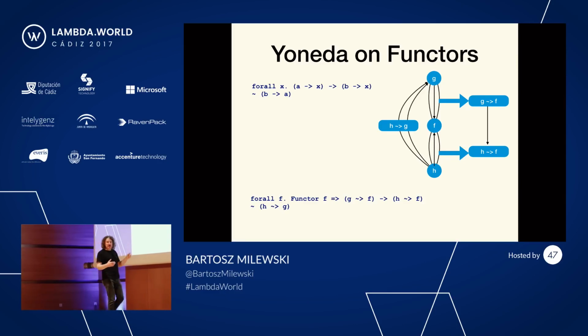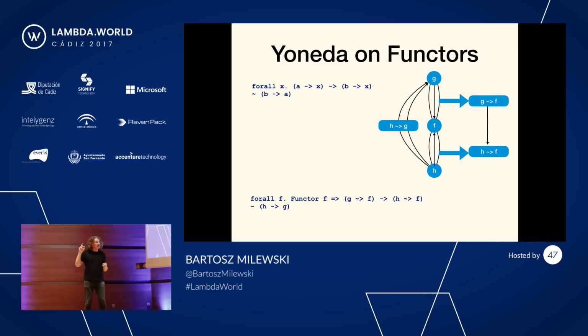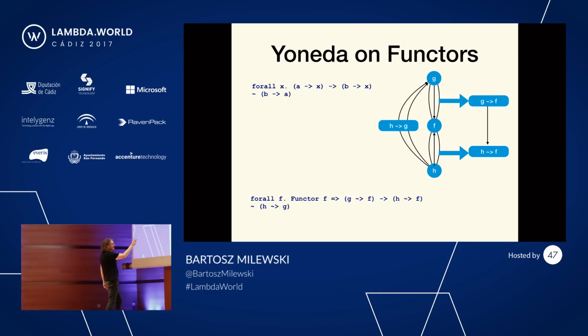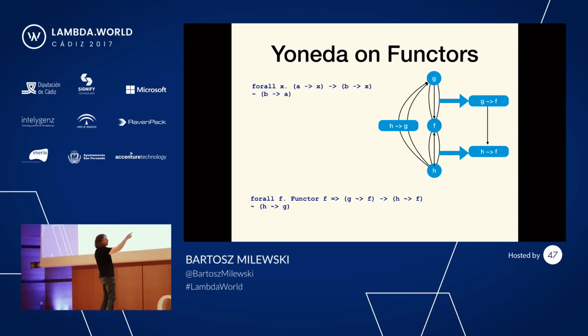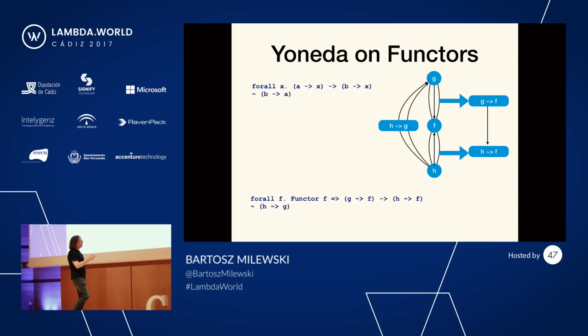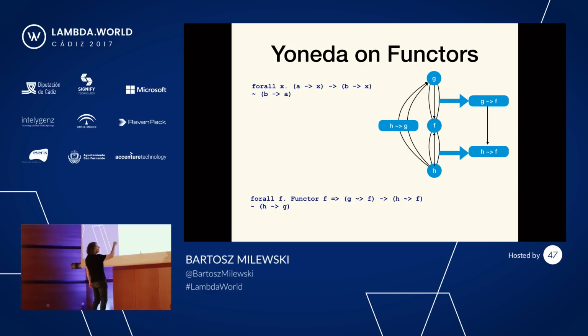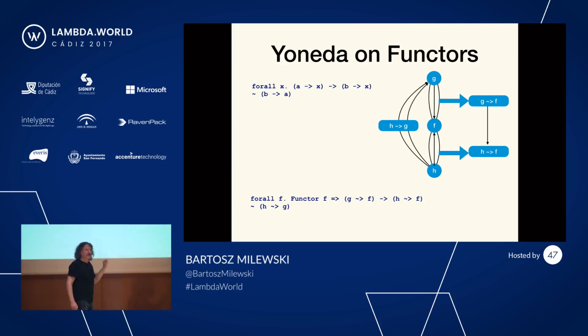And I replace arrows with squiggly arrows, right? Which is natural transformations. So the mapping from natural transformations between functor g and f, there's a natural transformation between functors h and f, and the result here, this is equivalent to a natural transformation from functor h to g, okay? And I have, finally, this for all f, where f is a functor, okay? So I'm getting very, very close to lenses, but not quite yet.